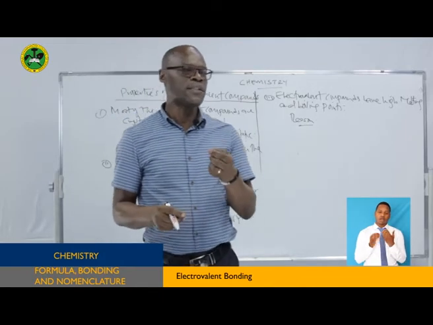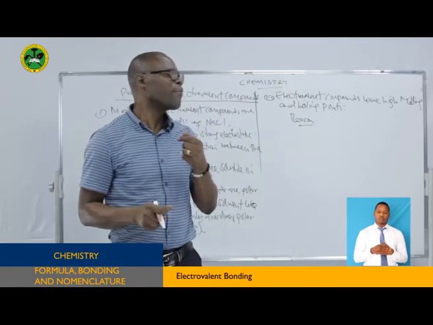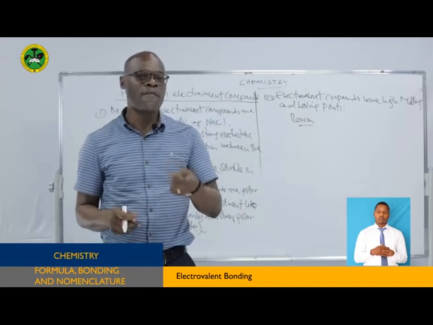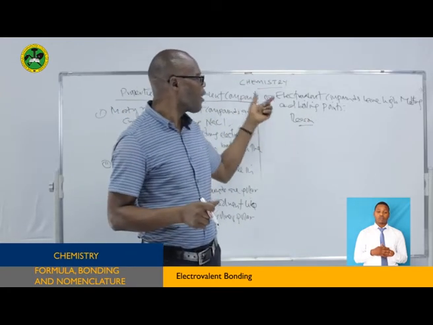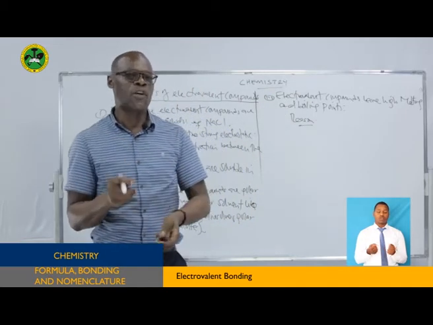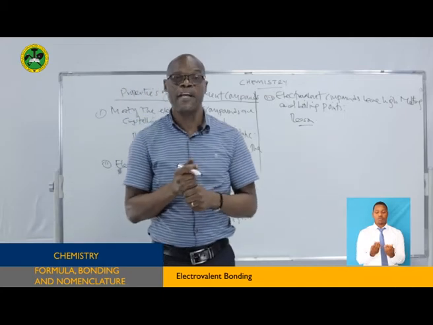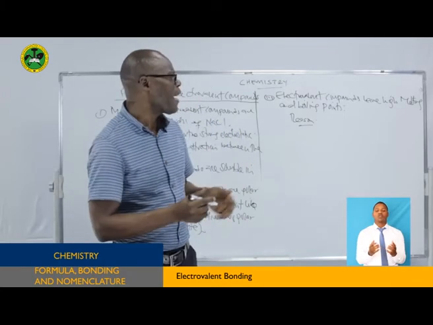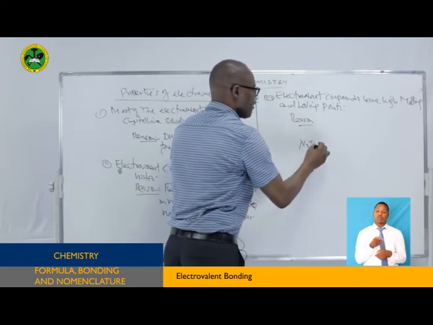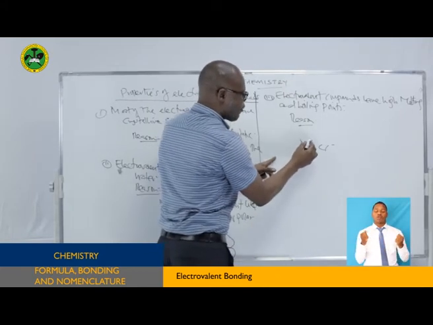Now when you associate high melting and boiling points with electrovalent compounds, what you're trying to say is that when you have that crystal structure of an ionic compound, then you cannot melt it. Or if you are to melt it, then you need a lot of heat energy. Why? These particular ions are joined by strong force of attraction. Let's say we have got sodium and chloride ions. Now this is positive and negative.